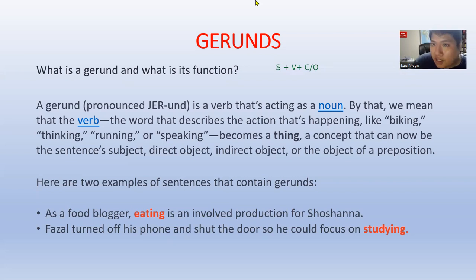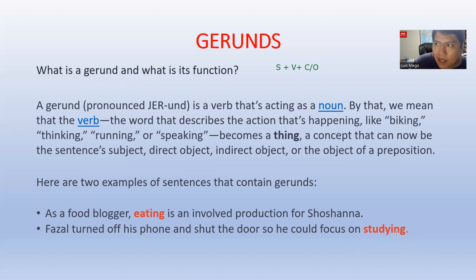Yes, that's one example. The other example is Fazal turned off his phone and shut the door so he could focus on studying. Oh, studying is the gerund, but is studying the subject? No. In this case, pay attention to the word on.